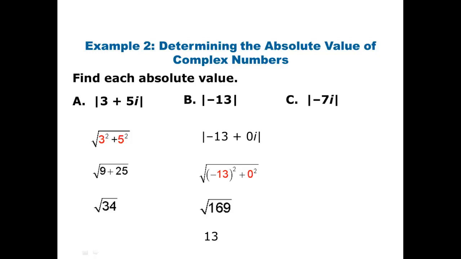Okay, for part C, notice there's no real part, so we could rewrite this as 0 plus negative 7i. Set up our square root. We get the square root of 49, which is 7.